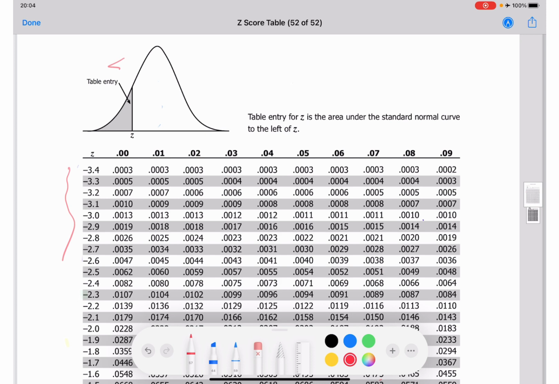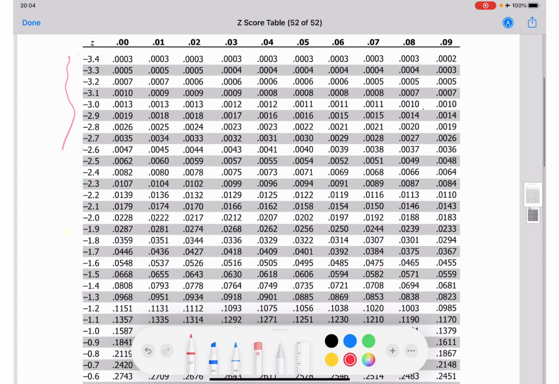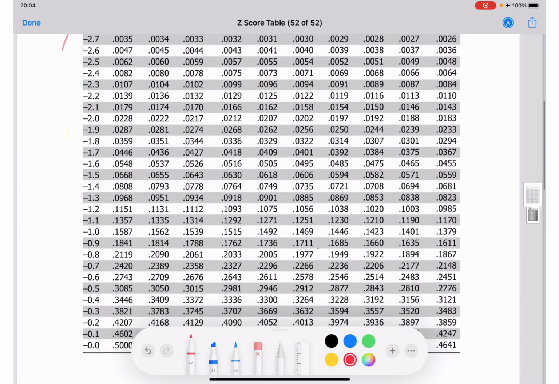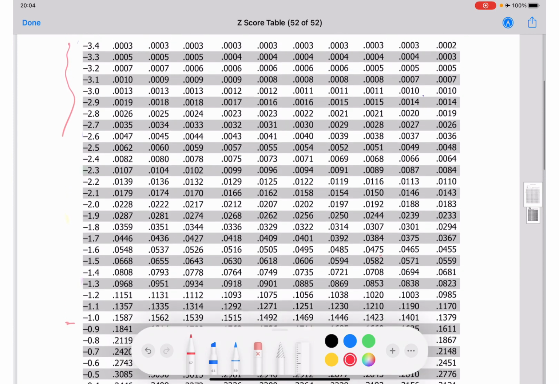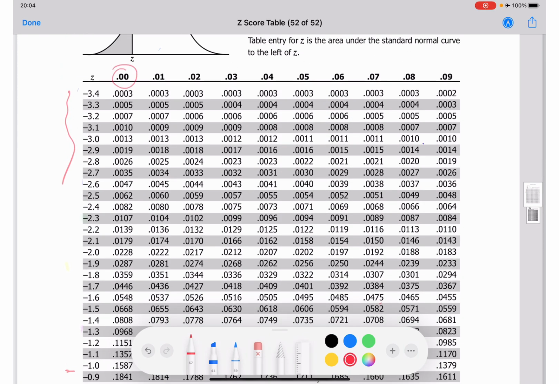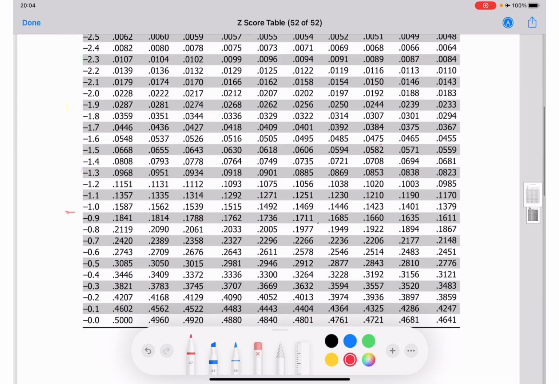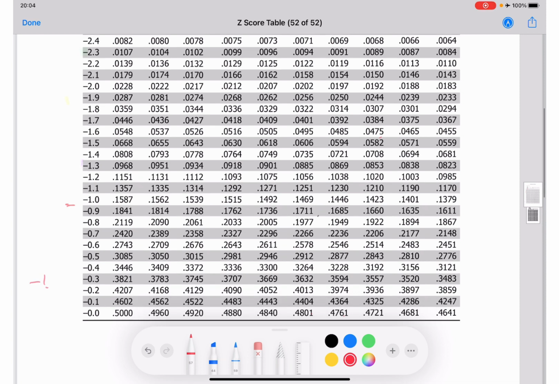To find negative 1, I'm going to drag down here, negative 1, right here. Because we don't have any decimal, the first column is going to be 0.00, which means we have negative 1.00.